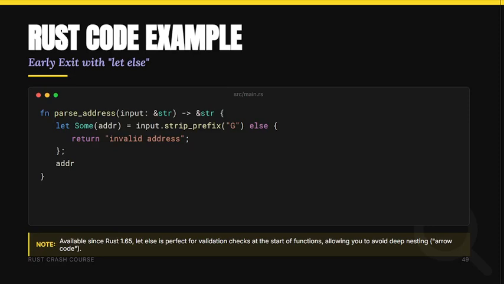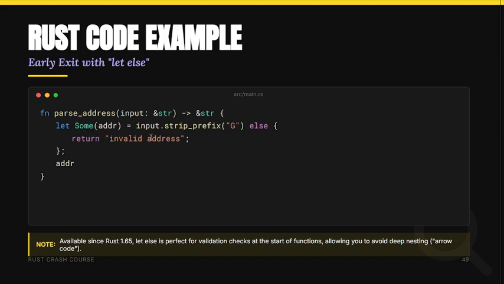Here we have an example of let else. At the second line, we have input dot strip prefix with a G here. So here we're returning an option as well because we have Some.